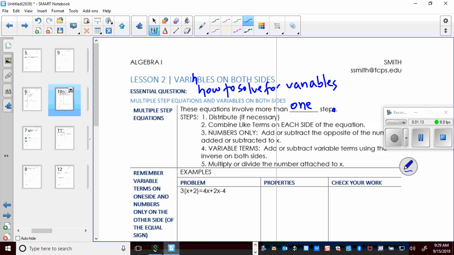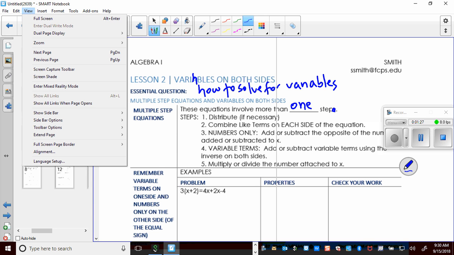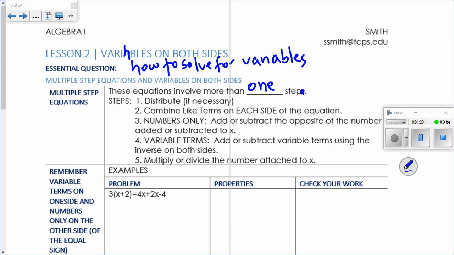Okay? So the first step, we're going to check whether or not we need to distribute. Then we're going to look at each side of the equation and determine whether we need to combine like terms.